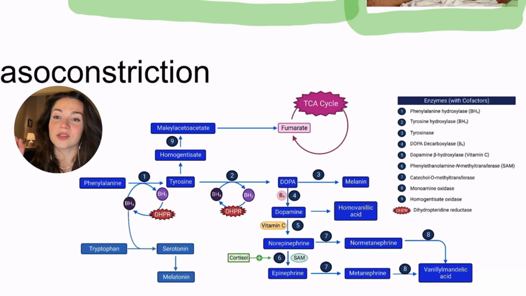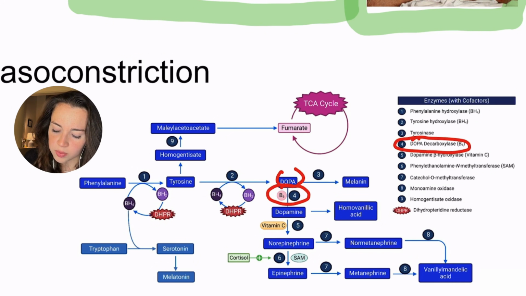Something that is semantically so annoying, as is the case across biochemistry, AADC has another name, and its other name is something that you've encountered before when we learned about the breakdown pathways of phenylalanine. This enzyme 4 here, dopa decarboxylase, which breaks down dopa into dopamine, that dopa decarboxylase enzyme is the same enzyme as AADC.